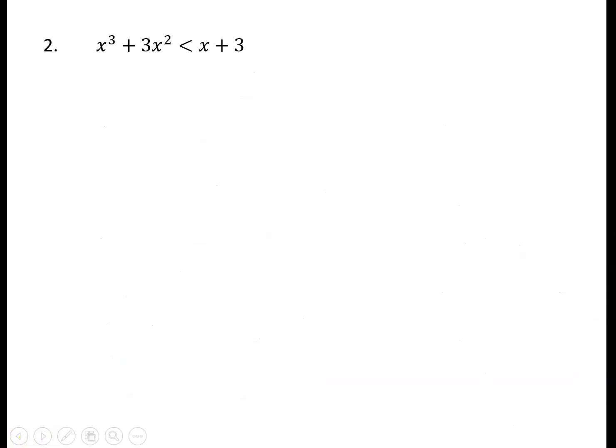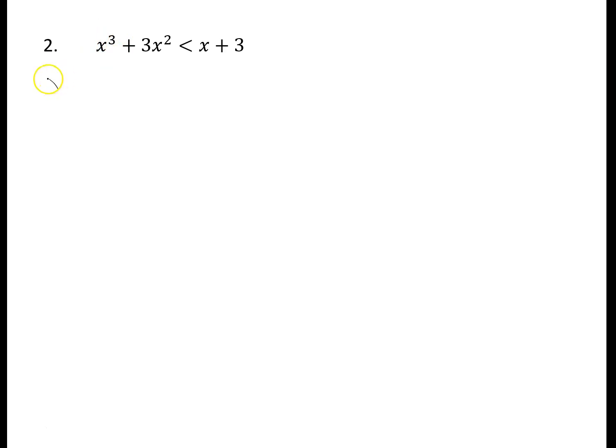Number 2. So back to step 1, get 0 on one side, which we do not have here. Now, when we get 0 on one side, we want the term with the highest exponent to be positive. And it is currently positive, so we don't want to move it. We're going to leave that x cubed on the left.